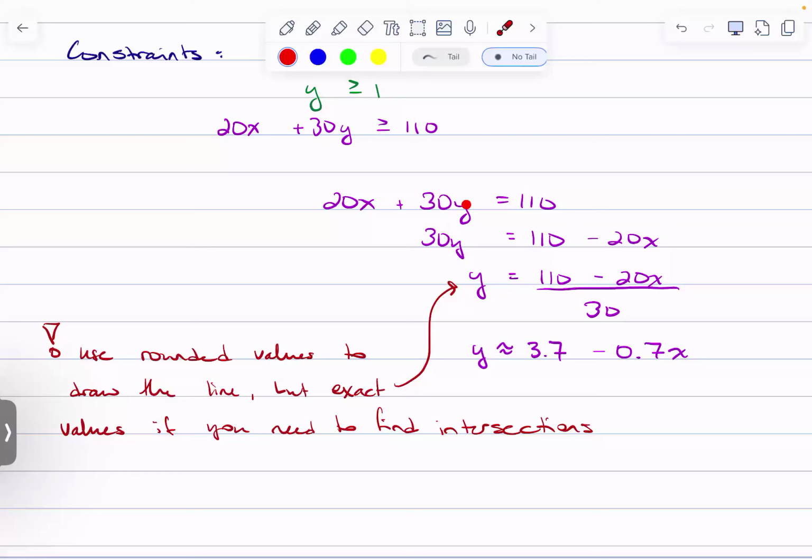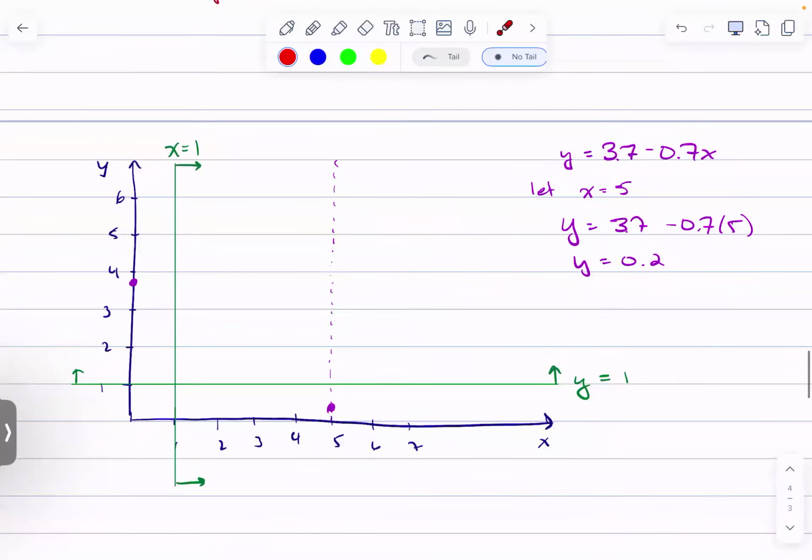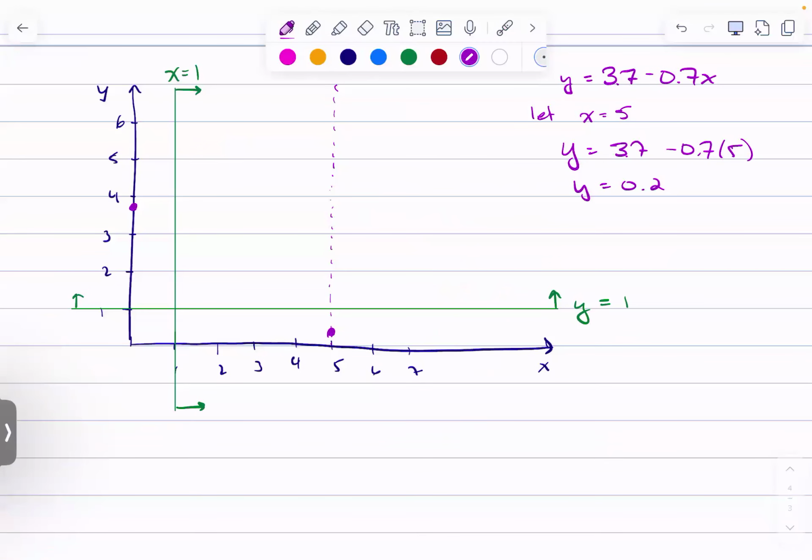If y is 0, then x would be 110 divided by 20, which is 5.5. So if you wanted to, you could have another point, and because my scale is so wonky, they're not probably going to line up and be on the same line. But if I had a nice, beautiful scale, right, then they should all be on the same line.